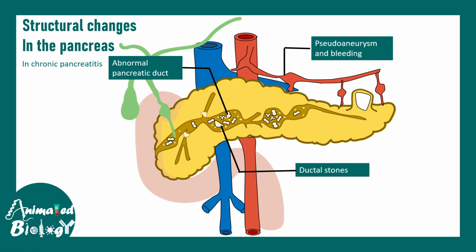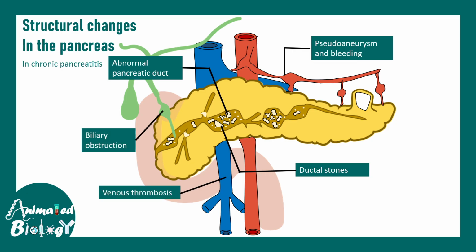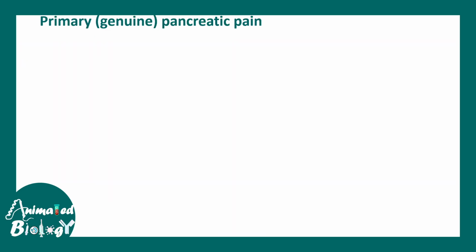There could be pseudoaneurysm and bleeding, biliary obstruction, venous thrombosis, and calcification of specific portions of the pancreatic ducts. Also, there could be pseudocyst formation. All of these structural anomalies are associated with chronic pancreatitis.